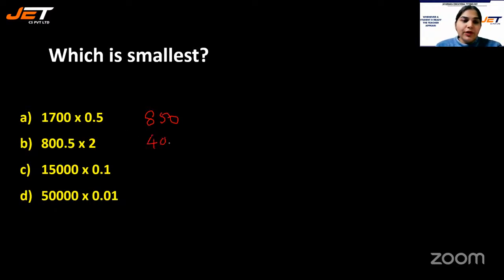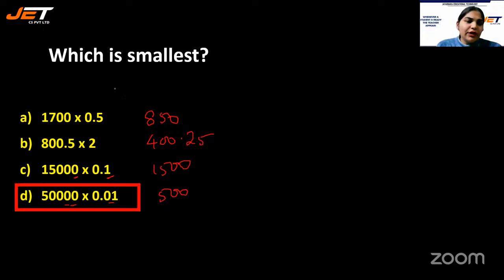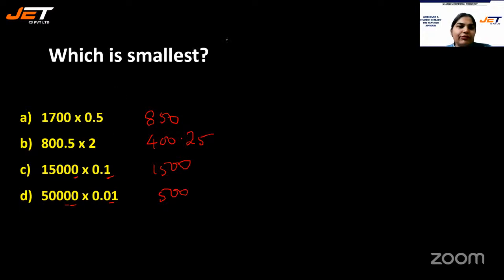Then 400.25. Then again, there is one decimal place, so it's 1500. And there are two decimal places, so it is 500. The smallest one is 400.25, which is 800.5 times 2.